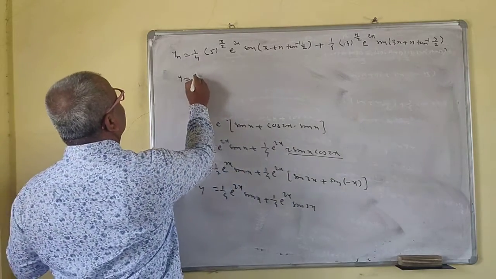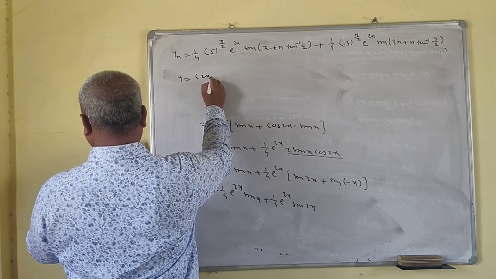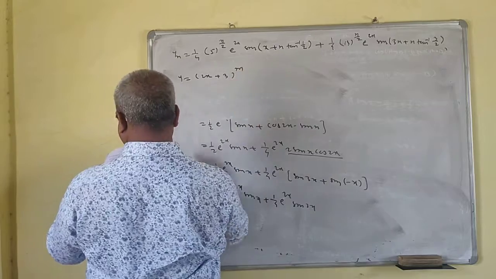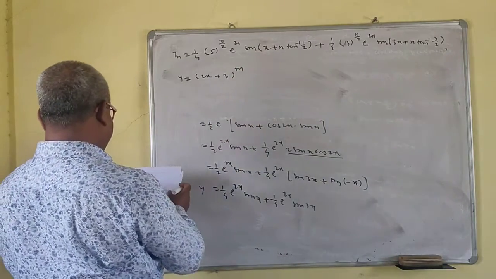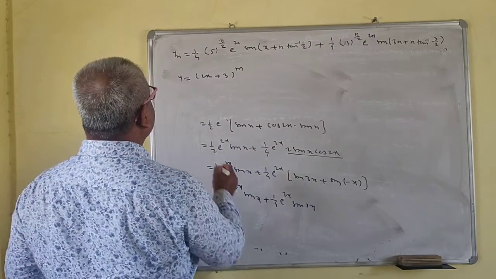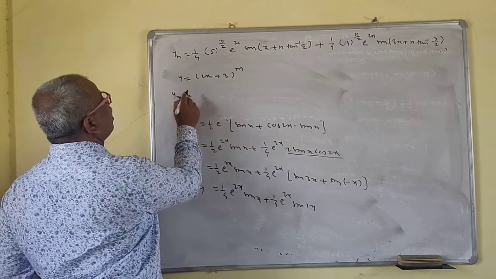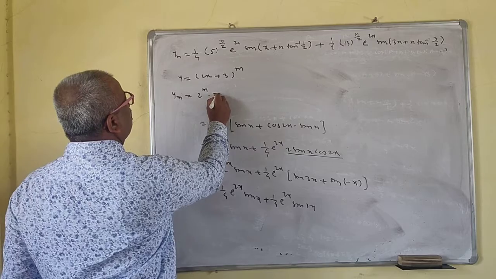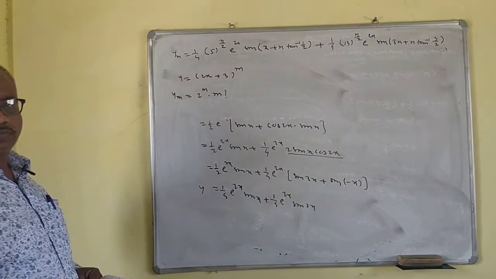If y is equal to twice x plus 3 to the power m, then ym is equal to what then? Ym, okay? Power m is what? 2 raised to m into m factorial. Okay?